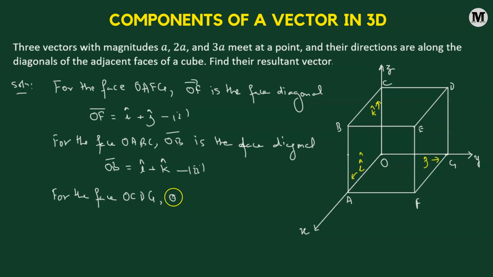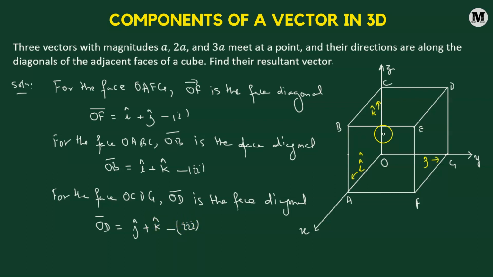Here we have the OD vector. The OD vector is going to be the face diagonal, and since that face lies in the yz plane, the OD vector is going to be equal to j cap added to k cap. This is going to be equation number 3.